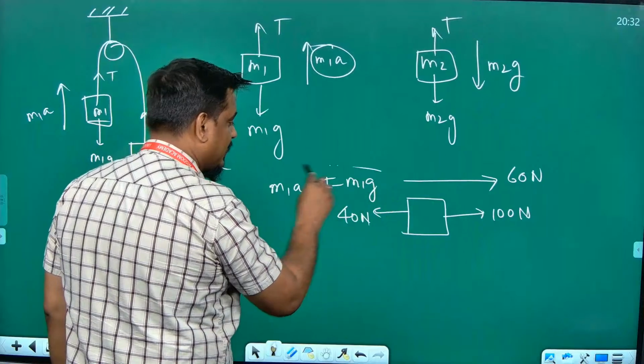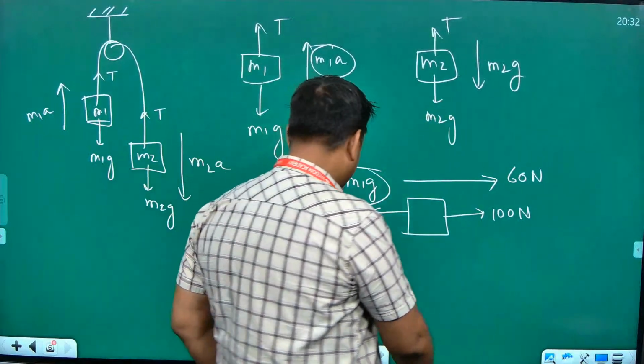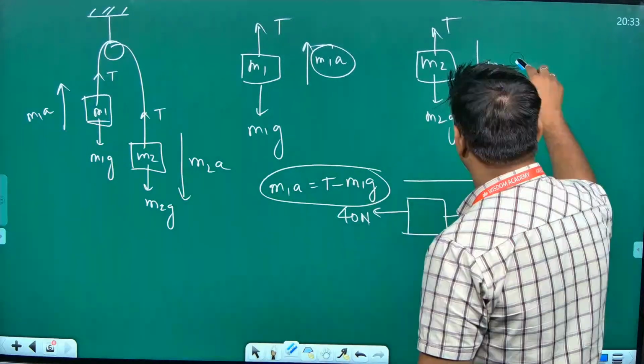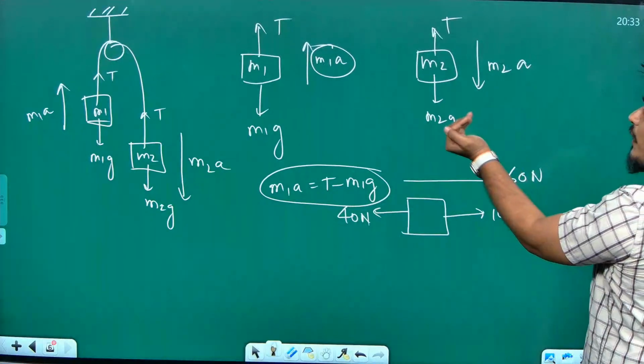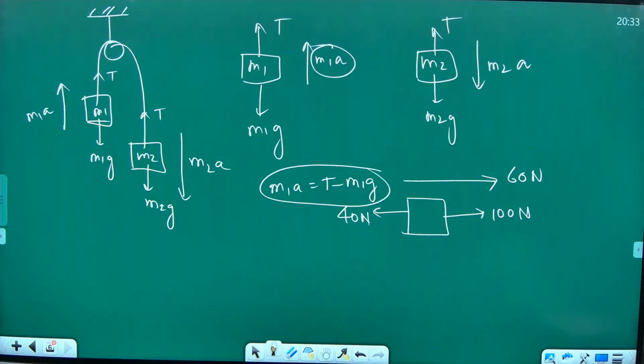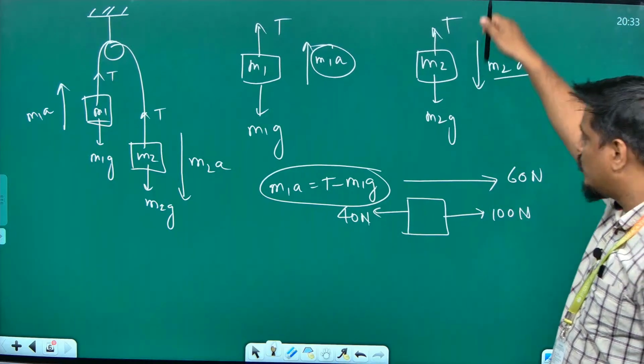Similarly, on the M2 body, net force is acting in the downward direction. How much? M2A. So M2A must be equal to M2G minus T. Otherwise, the body would have been moving upward, and then it would become T minus M2G. But now we know the body is moving downward. It means M2A is equal to M2G minus T.